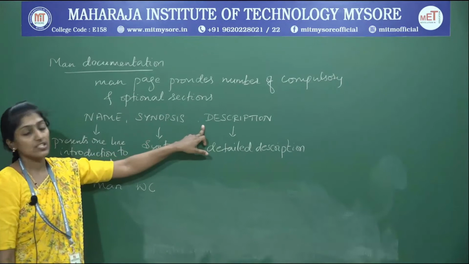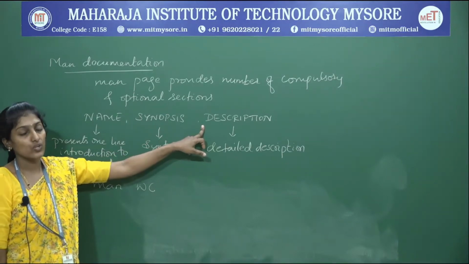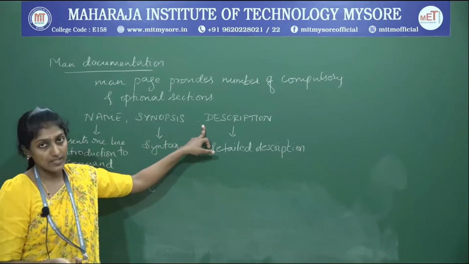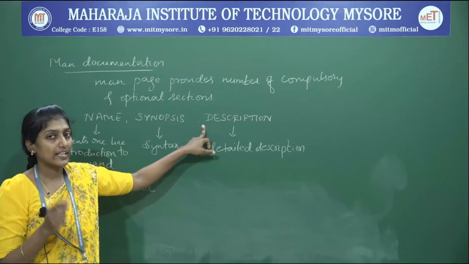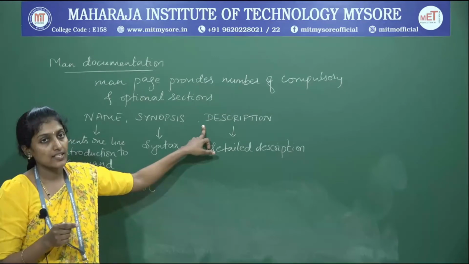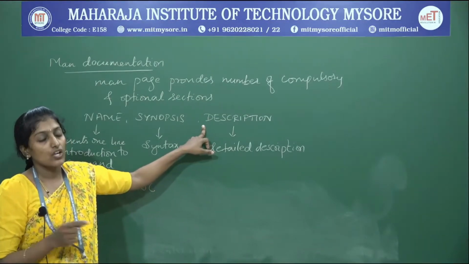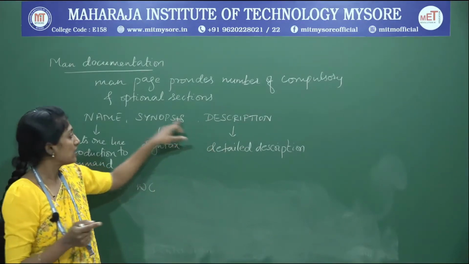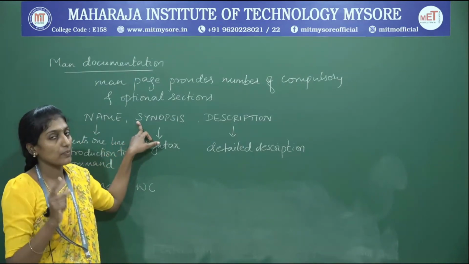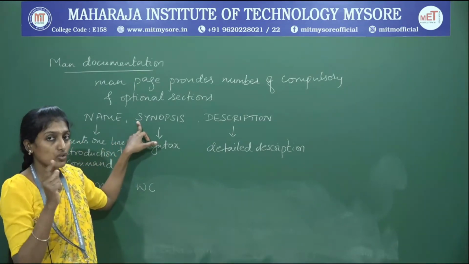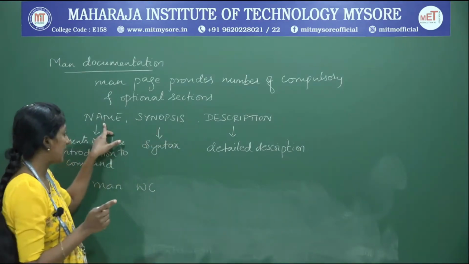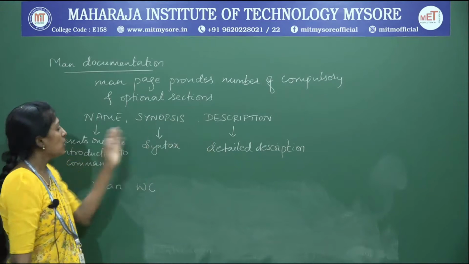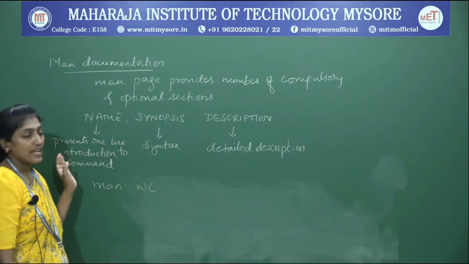These are the three major parts of information provided for any Unix command if you execute it with man. If you want to know about any command, these three sections are always provided, and they are common to all Unix commands: name, synopsis, and description. So what do these three sections represent?